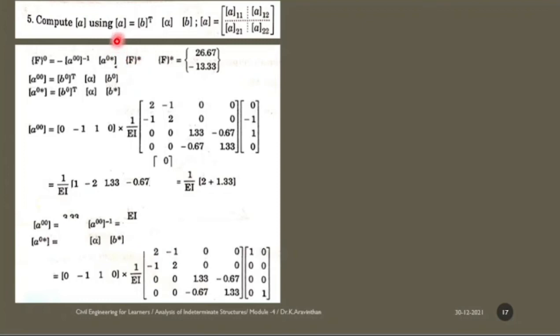Now how to find this A matrix? You have the redundant A matrix and the applied force A matrix, that is A naught star. How to find that? These are the two formulas, that is B naught transpose alpha into B naught. If you want A naught star, instead of B naught, you have to substitute B star. This is the change in the formula.